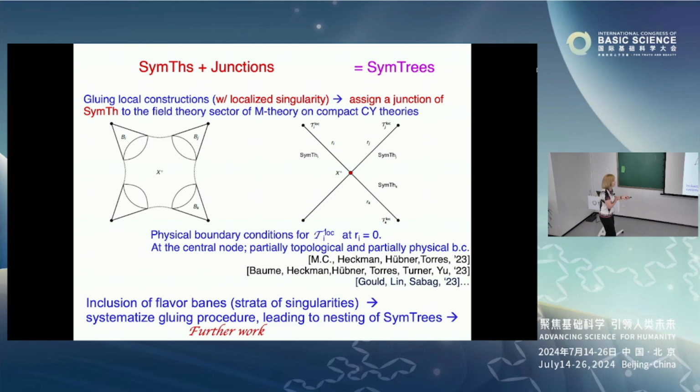And we want to systematize actually this gluing procedure better that would lead now to nested symmetry trees as well. As I said, from gluing and cutting using algebraic topology, we got some very special examples, but we don't have a systematic way of doing it.